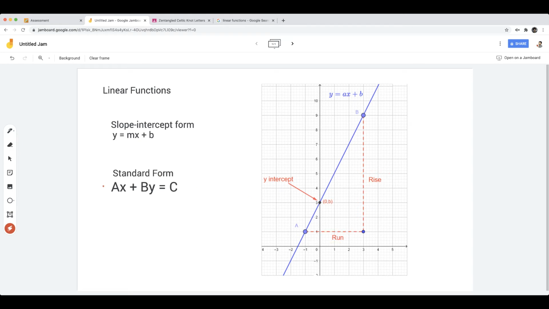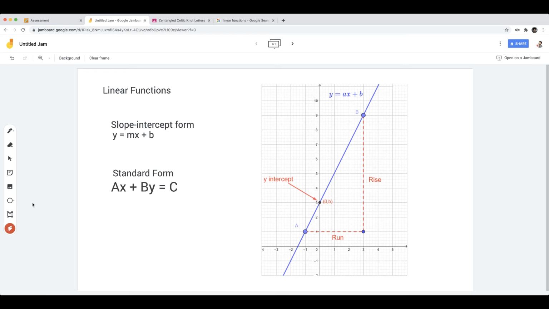The other form you might see it in is standard form. That means that both variables, the x and the y, are on the left side, and a and b and c are not fractions. So if they give it to you in standard form, and they're asking you for the slope, then you're going to have to do some changes to figure out what the slope is.